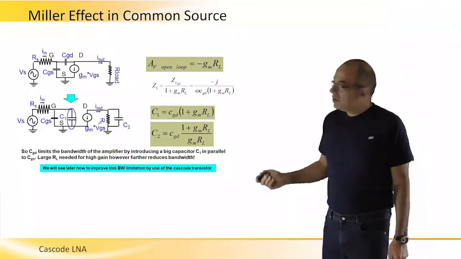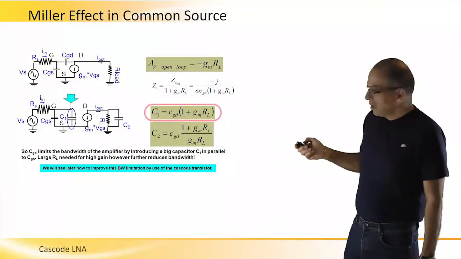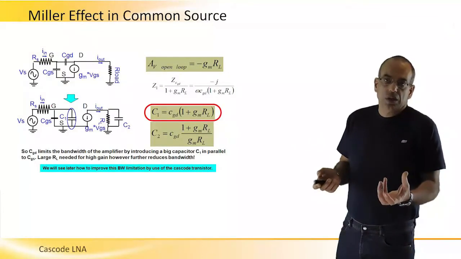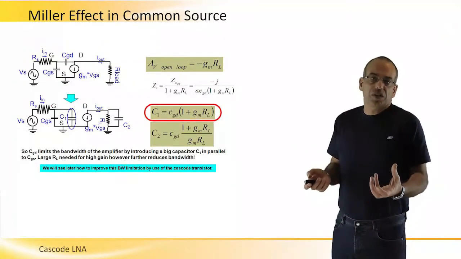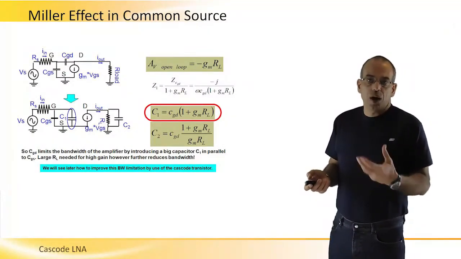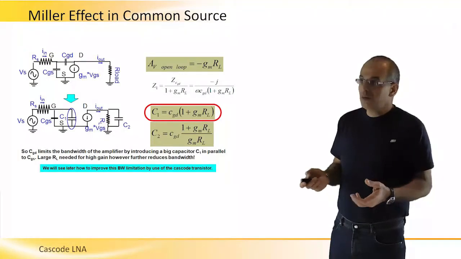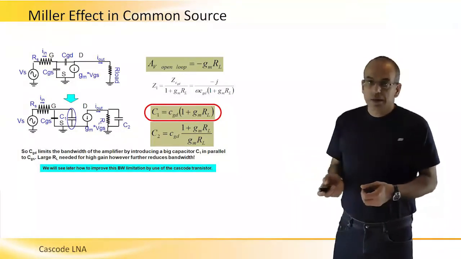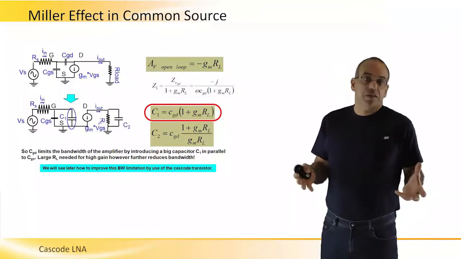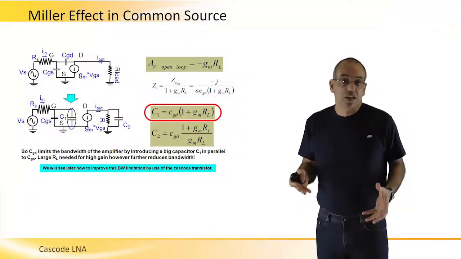What we find here is that this expression actually looks like a big capacitor, because the CGD is multiplied by 1 plus gm RL, and this actually reflects a much bigger capacitor at the input.